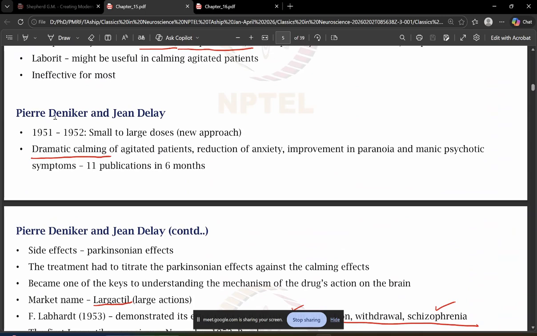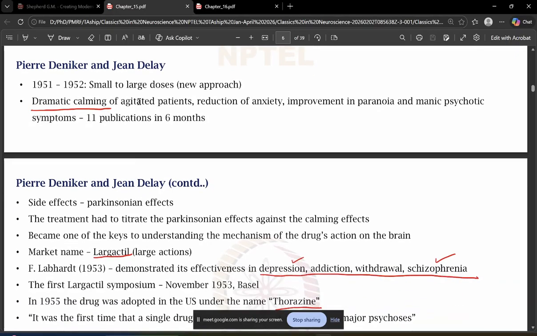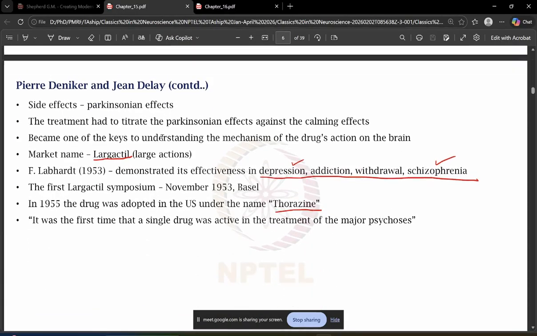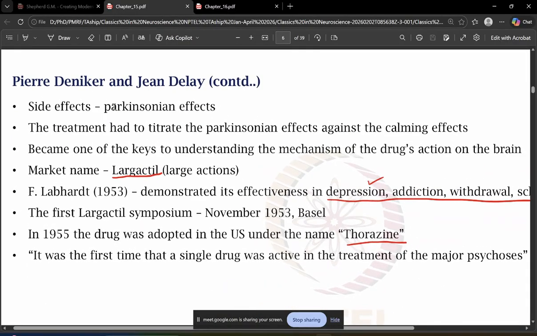When Deniker and Delay saw that chlorpromazine had this calming effect when the dosage was increased from small doses to large doses, they also saw that it had some side effects. If the drug was given at large doses, there were some Parkinsonian effects.